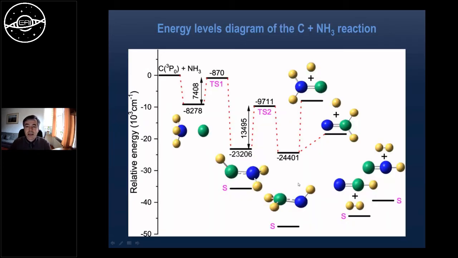As an example, here I show you the energy level diagram of the reaction of carbon atoms and ammonia molecules. Here all levels correspond to specific possible products of this reaction.